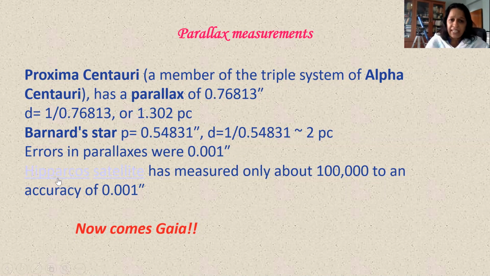Now the Hipparcos satellite, which we'll talk about later also, measured parallaxes to 100,000 stars. It did it to an accuracy of a milliarcsecond, right? And therefore you could get the distances to about 100,000 stars using Hipparcos parallaxes. Now the new thing which has happened is what is called Gaia. Gaia is a new satellite of ESA, which very accurately measures the parallaxes of stars, to an accuracy of microarcseconds.